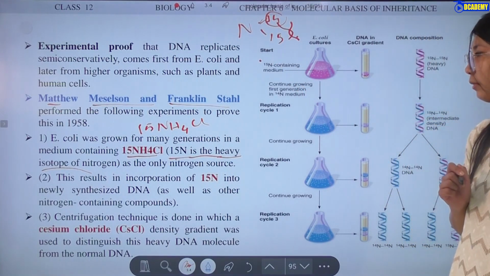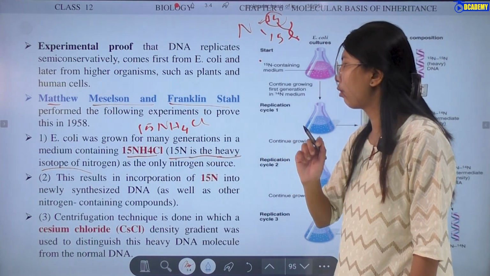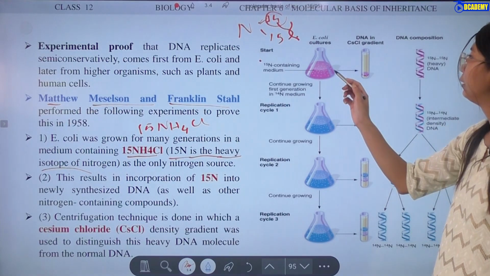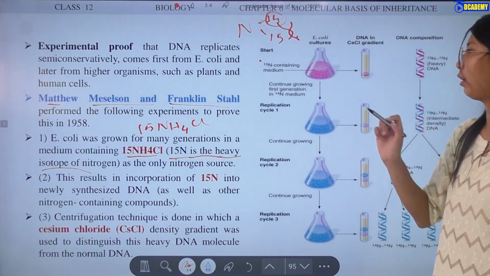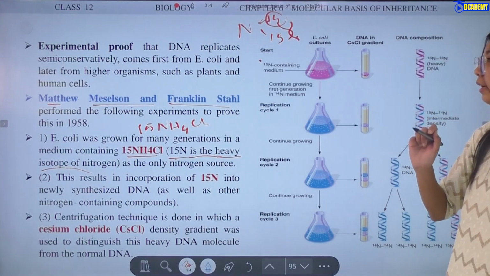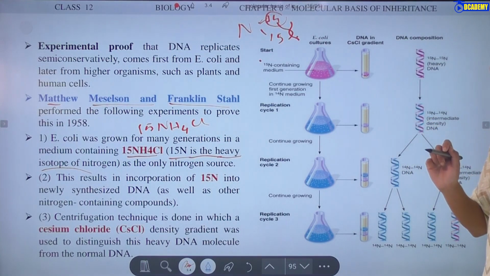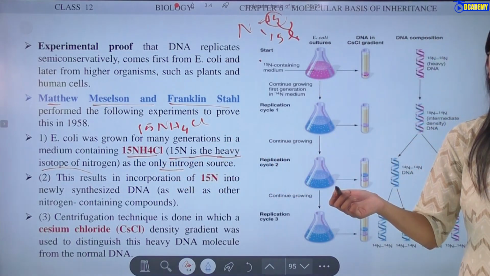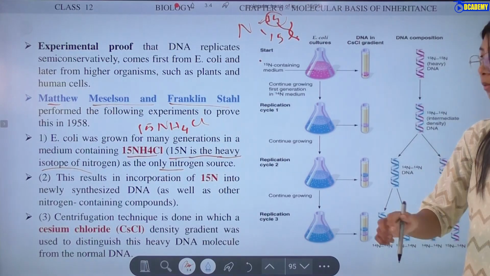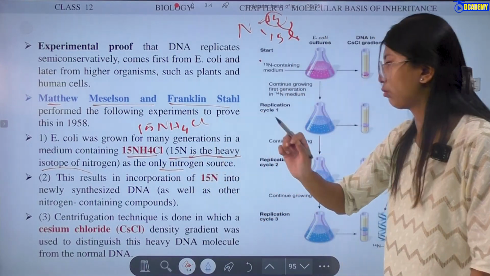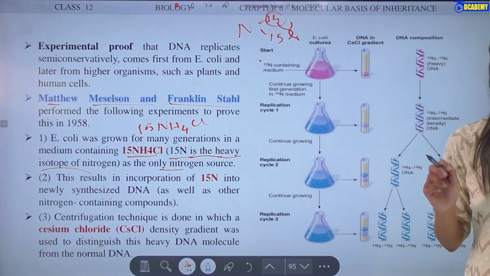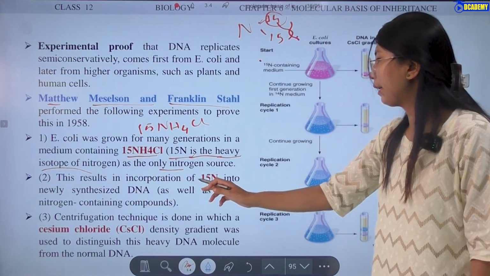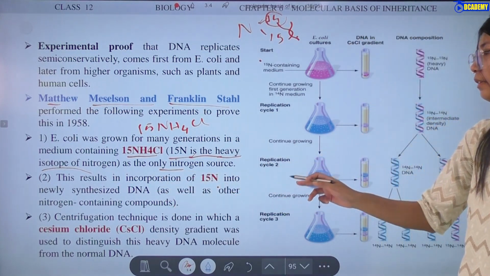E. coli was grown for many generations in a medium containing 15N ammonium chloride. The only nitrogen source was ammonium chloride, and this resulted in incorporation of 15N into newly synthesized DNA as well as other nitrogen-containing compounds.